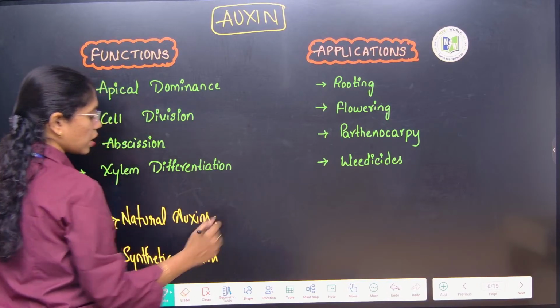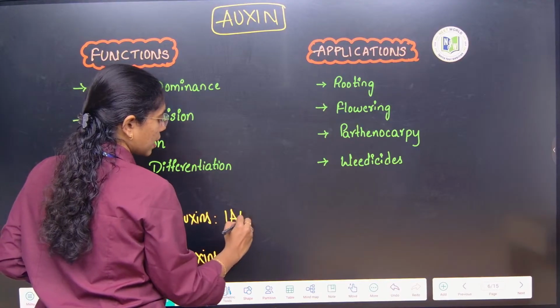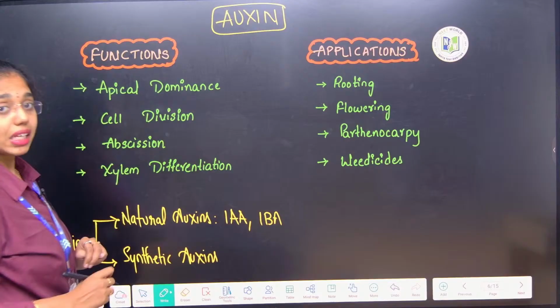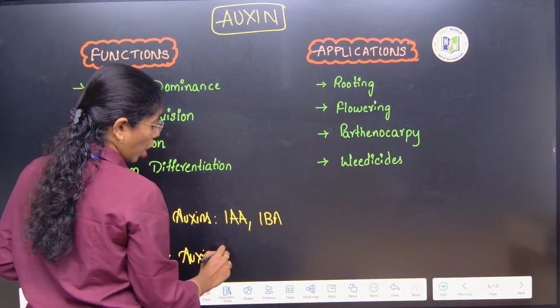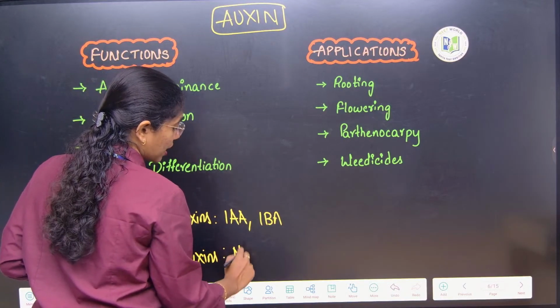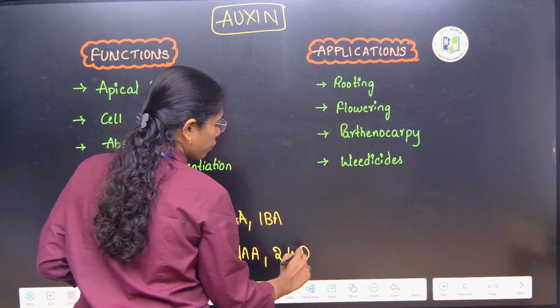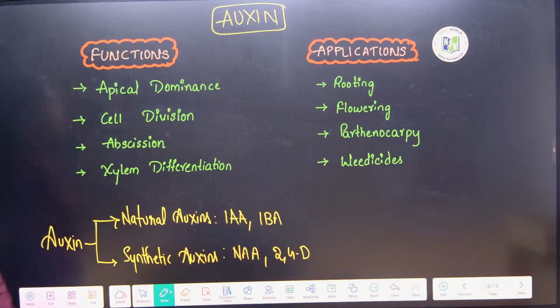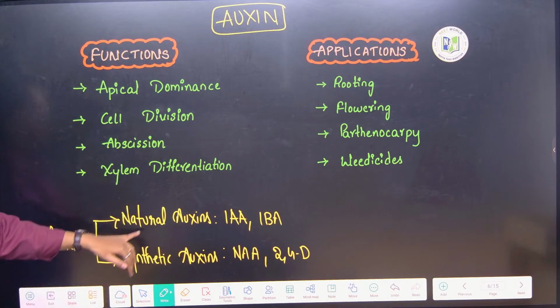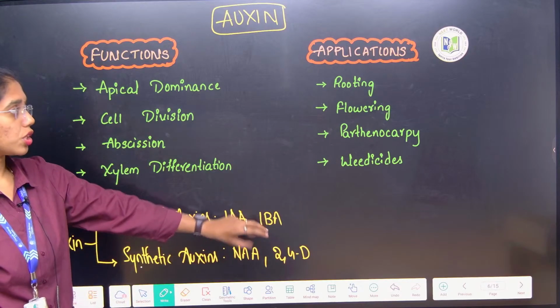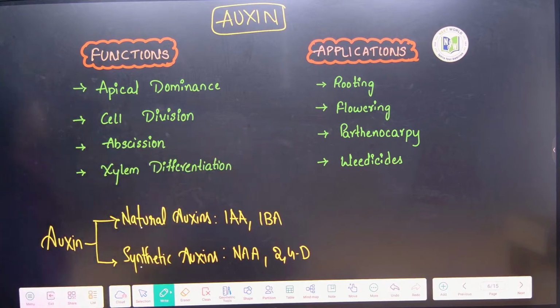Natural auxins include indole acetic acid and indole butyric acid. Synthetic auxins include naphthalene acetic acid and 2,4-dichlorophenoxyacetic acid. These are the synthetic auxins. Remember both the natural auxins and synthetic auxins, because these are very much essential to remember the applications of auxins.